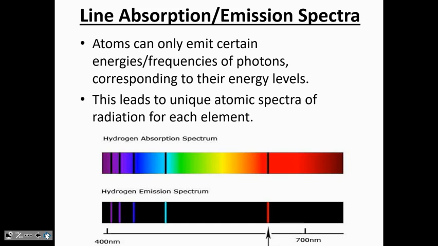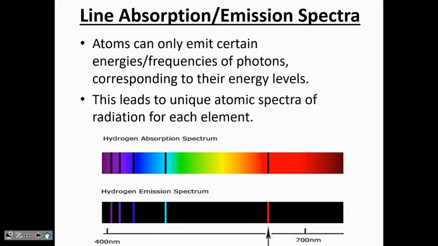We have seen this model work with evidence from line absorption and emission spectra. This is something that we will do together in class as well. Because atoms can only emit certain energies or frequencies of photons that correspond to these energy levels, it gives elements unique spectra, or unique spectral lines, given their electron shell configuration.